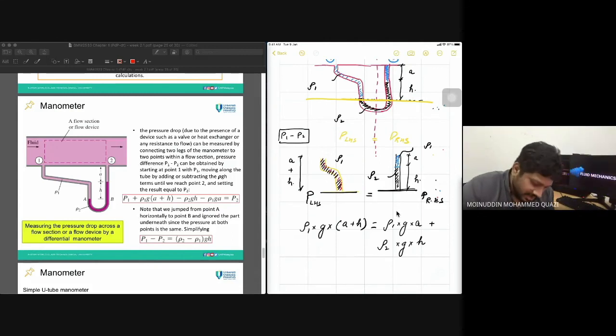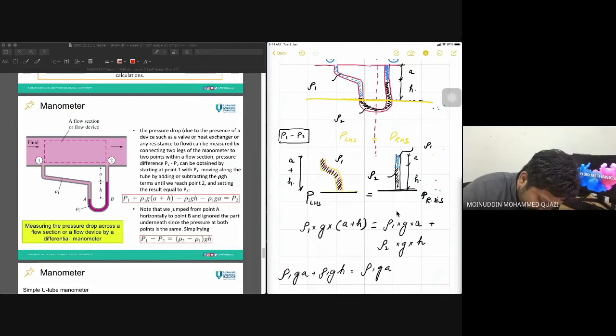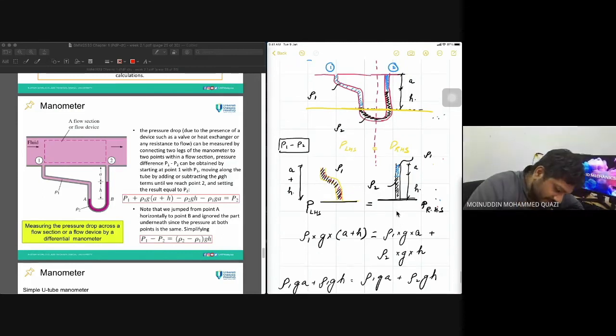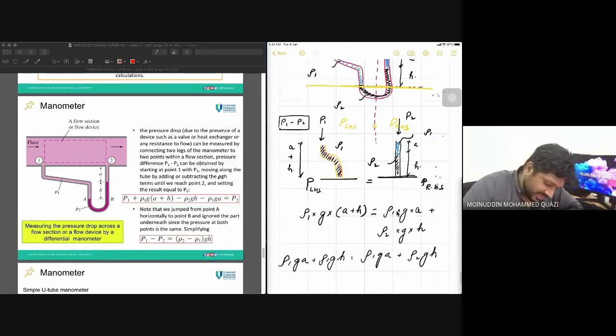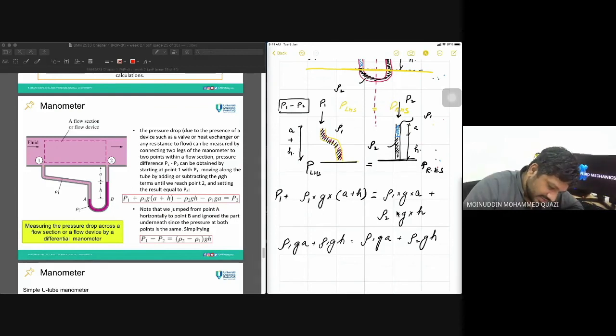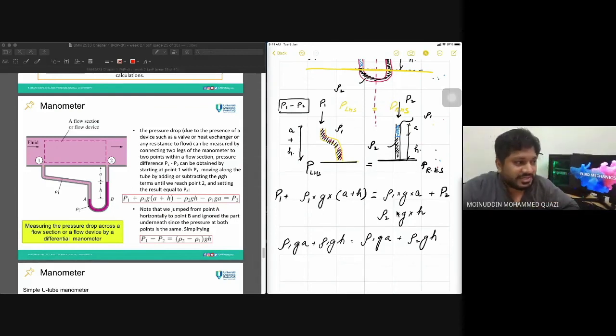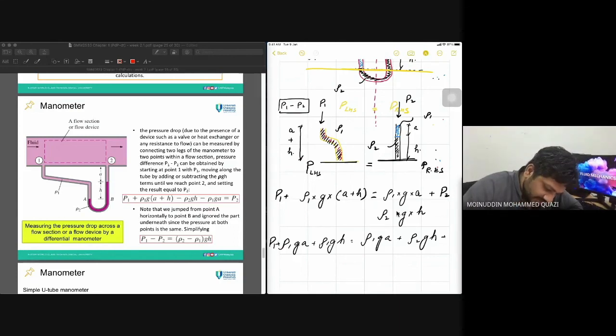Okay. So rho 1 g A plus rho 1 g H is equal to rho 1 g A plus rho 2 g H. Plus on this upper side we have point 1, so pressure P1, and on this upper side we have got point 2, or pressure P2. So we write here also P1 on the left hand side, and here also P2 on the right hand side.